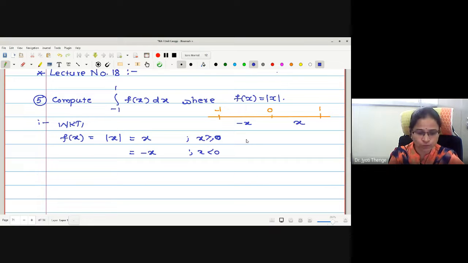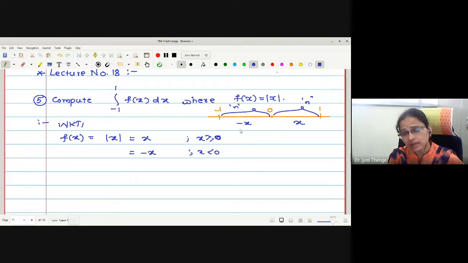So for the sake of convenience, we will divide the first half of the interval, that is minus 1 to 0, into n equal parts. Similarly, we will divide 0 to 1 into n equal parts. Then we will separate the integration from minus 1 to 1 into minus 1 to 0 and 0 to 1, and we will solve the example.